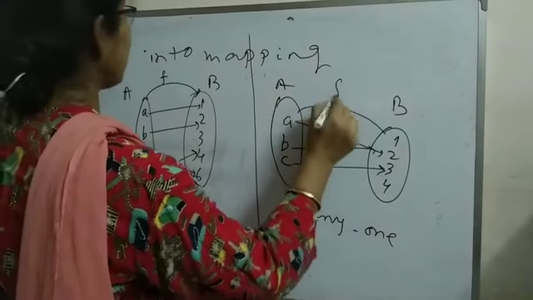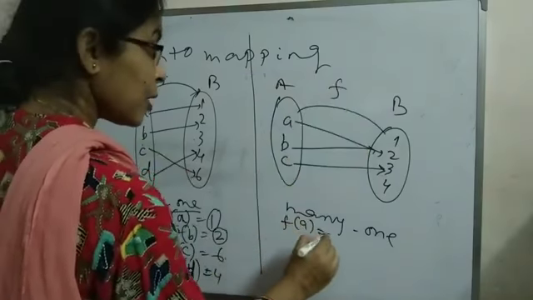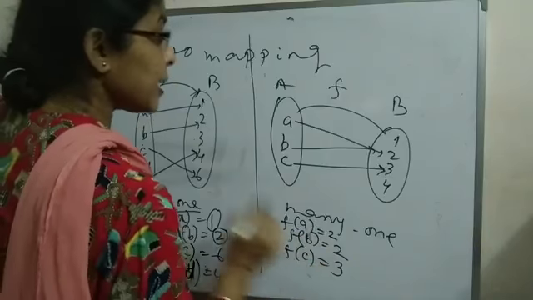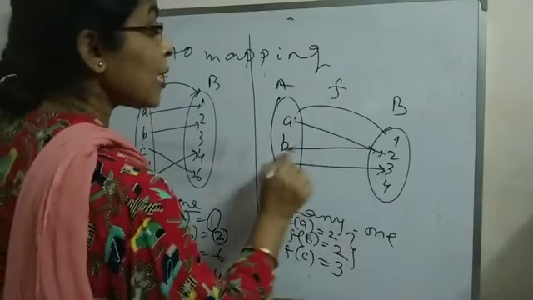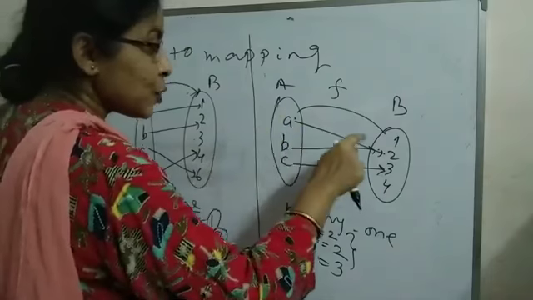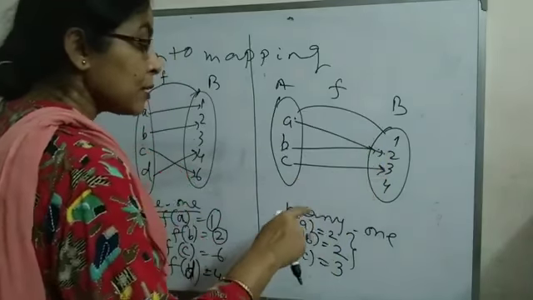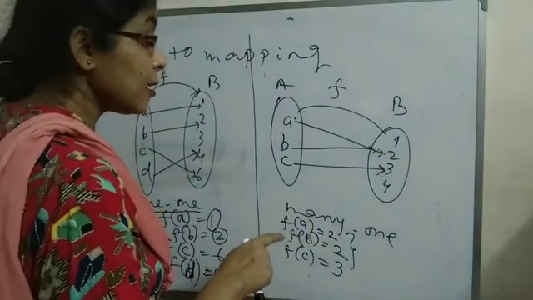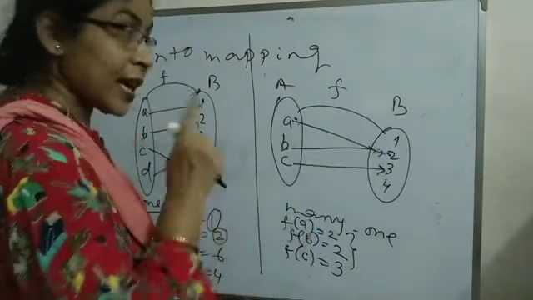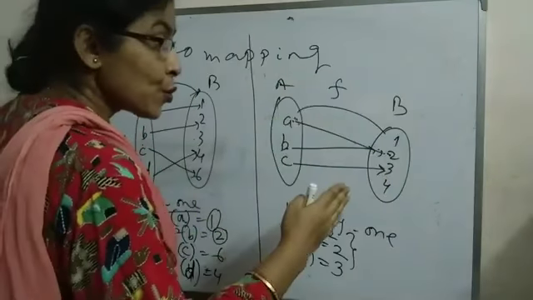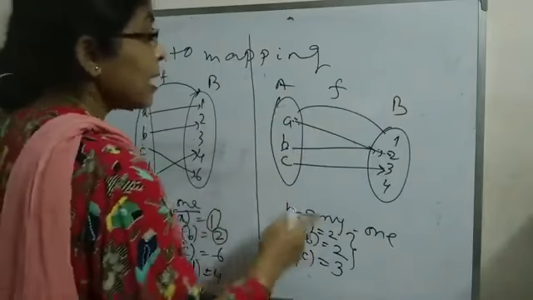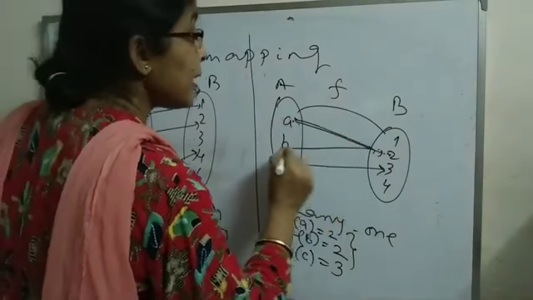Why is this many-one? Here a goes to 2 and b goes to 2, c goes to 3. Each element of A is related to a unique element in B, so it is into. a goes to 2 and b goes to 2, that means 2 has two preimages, a and b, so it is many-one.